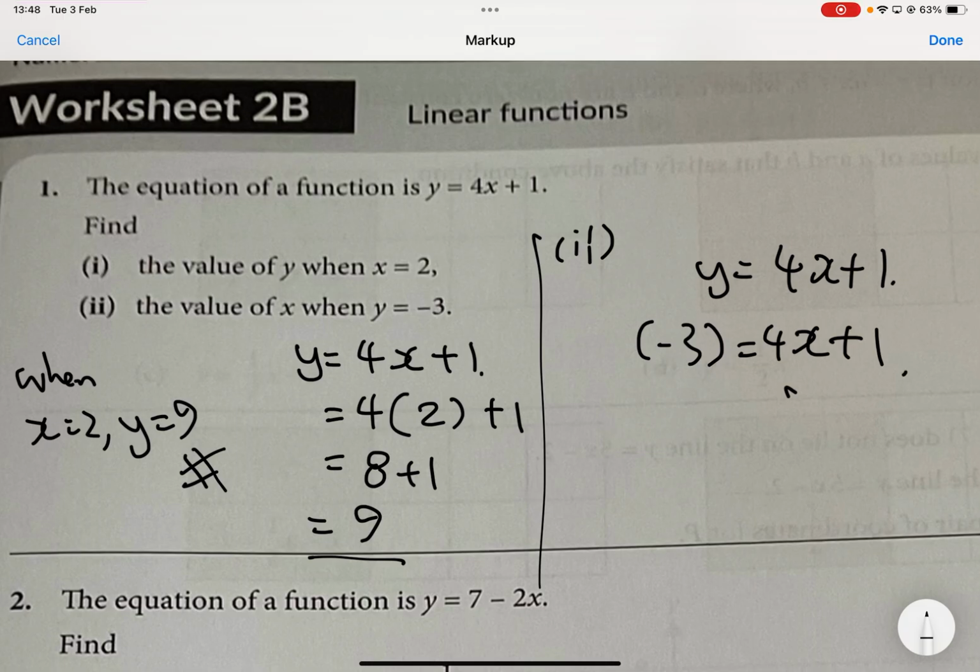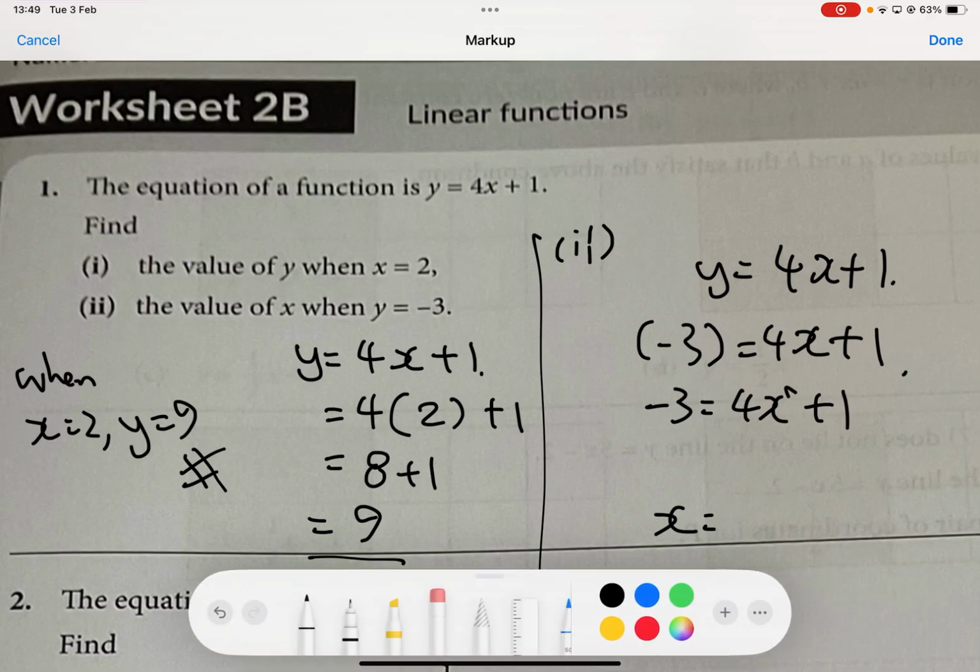Then I want to find out x. I need to solve the equation. I need to make x the subject. So how do I make x the subject? I make x by itself. If negative 3 equals to 4x plus 1, I finally want x to be alone.